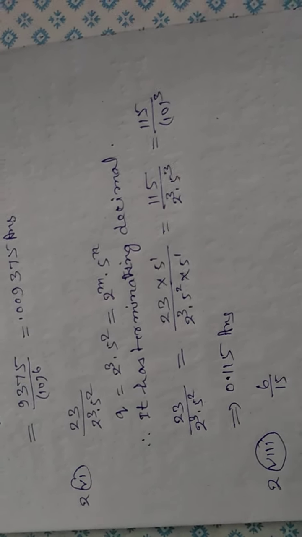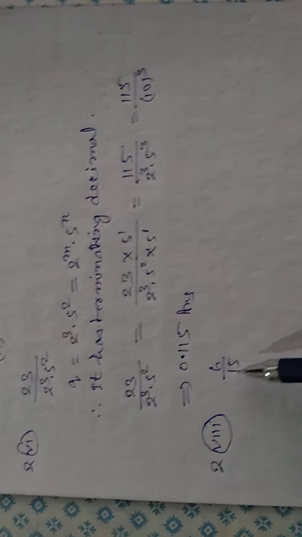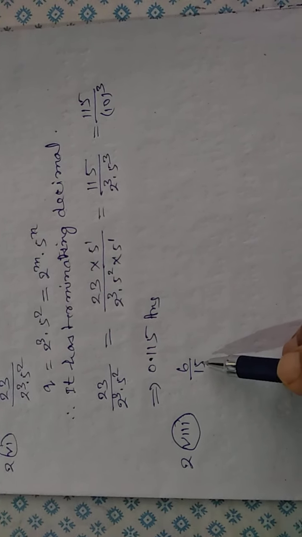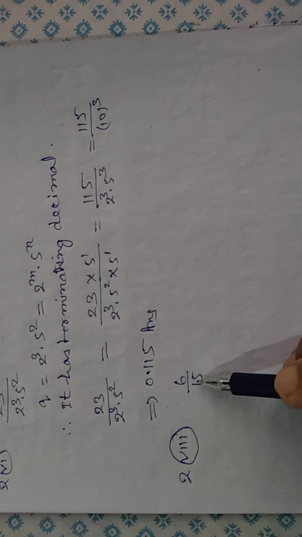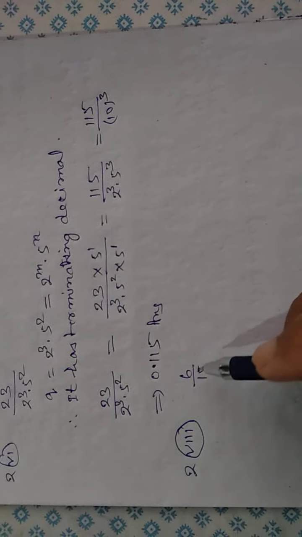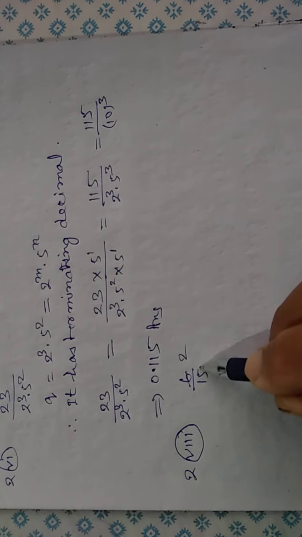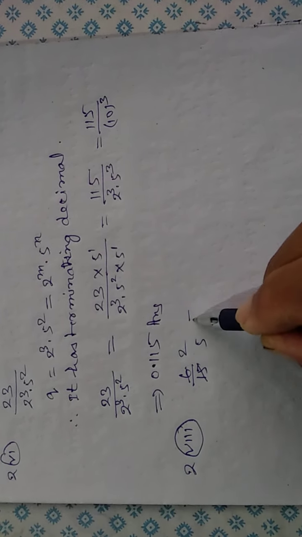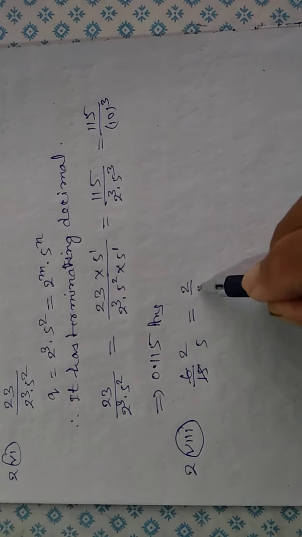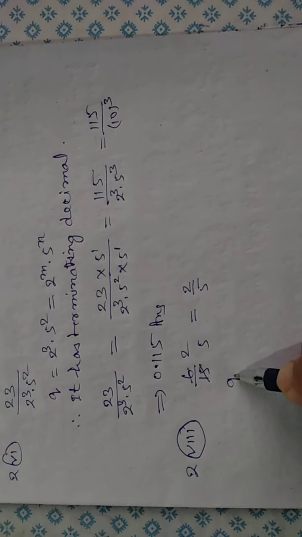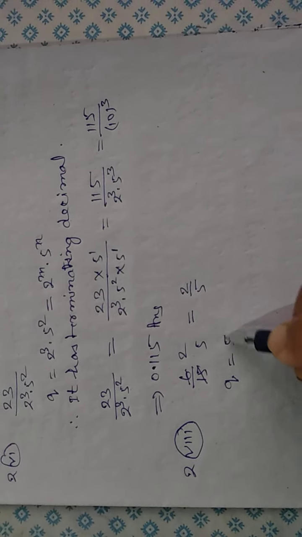6 by 15. First of all, write this 6 by 15 in the simplest form. Both are divisible by 3, so divide it. 3 2s are 6, 3 5s are 15, that is 2 by 5. Now Q is 5.